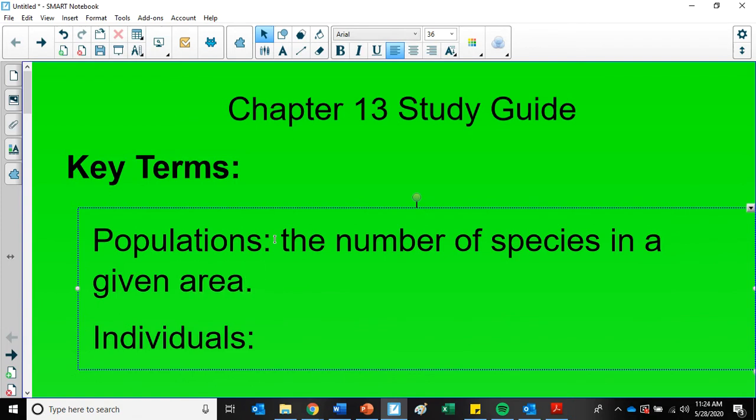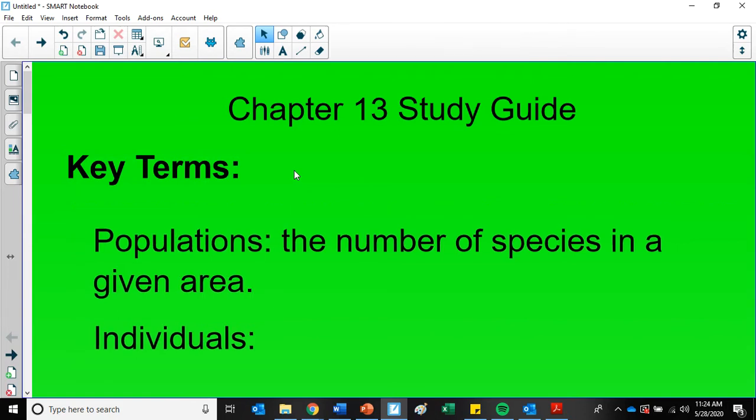It could be the human population of the world. It could be the human population of our school or our classroom. They're all different types of populations depending on what area you want. We're going to look at animals, maybe animals in wildlife sanctuaries or things like that, and we're going to practice with it.